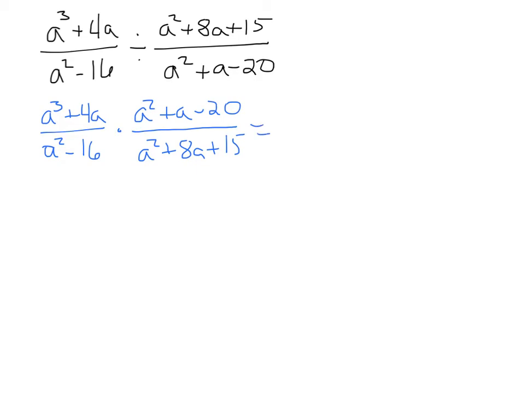Okay, and everything can be factored at least a little bit. The first numerator there, you can take an a out, and you're left with a squared plus 4. And then you have a difference of squares, so we have a plus 4 and a minus 4.